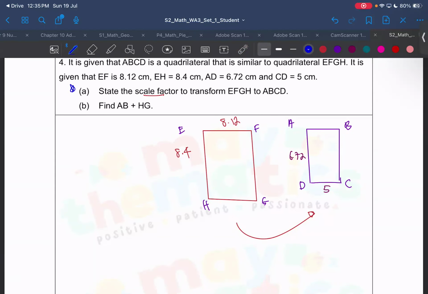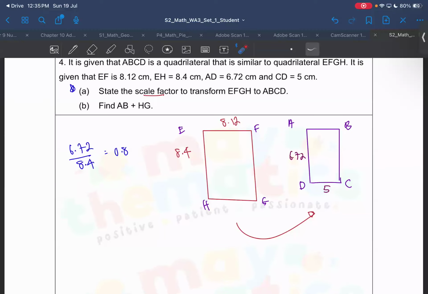I will take what over what? My scale factor will be 8.4 over 6.72? No, it's the opposite. 6.72 over 8.4. So 0.8. You can think of this as a reduction. You can see 0.8 is a reduction, right?